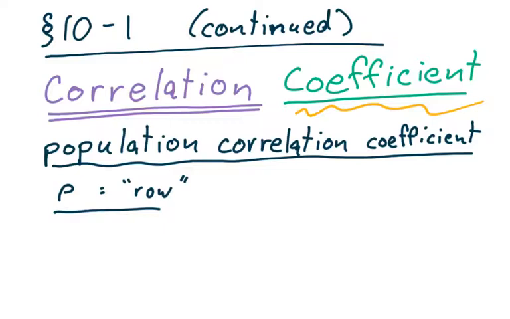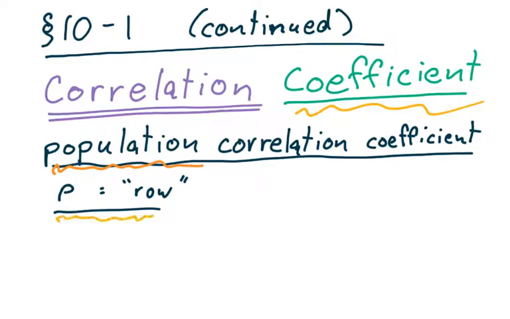Remember, any time we are talking about a value that we compute for a whole population, that's actually impossible because we do not have all of the data for the whole population. There's no way that we can. So what is this rho?